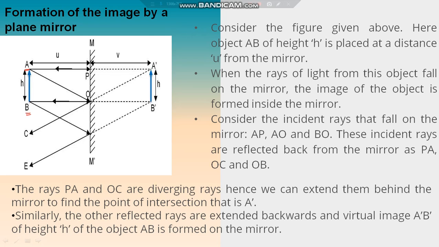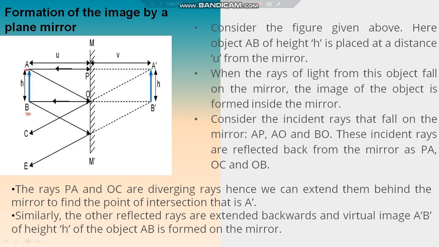As given in this slide, consider the figure above. Here the object AB of height h is placed at a distance u from the mirror. When the rays of light from this object fall on the mirror, the image of the object is formed inside the mirror, that is, behind the mirror. Consider the incident rays AP, AO and BO that fall on the mirror. These are reflected back from the mirror as PA, OC and OB.